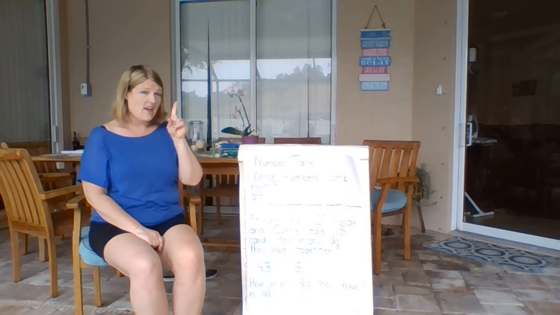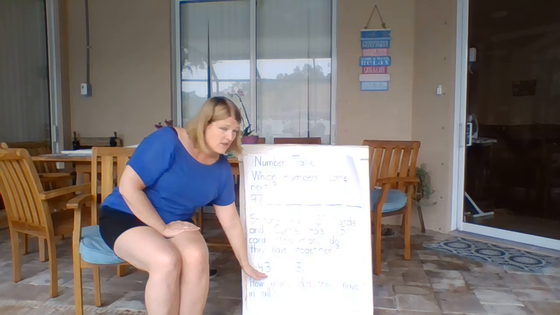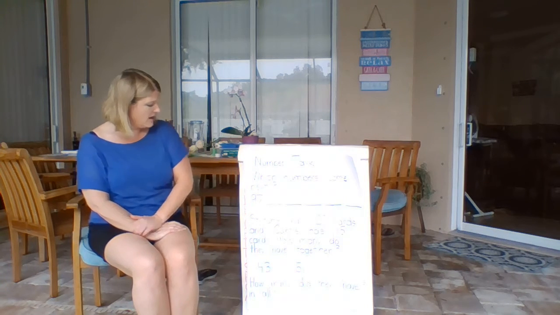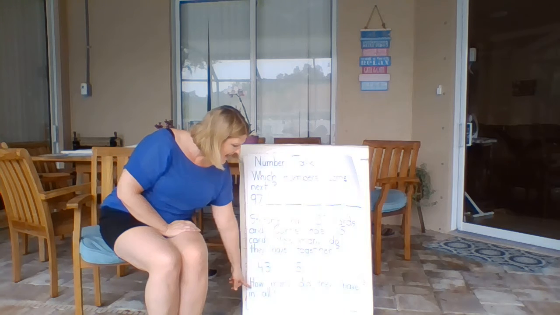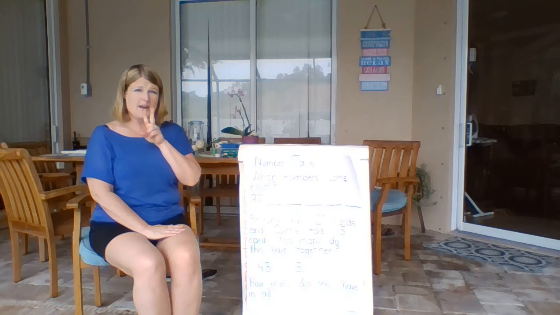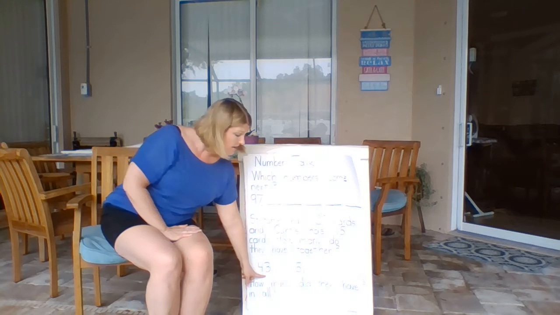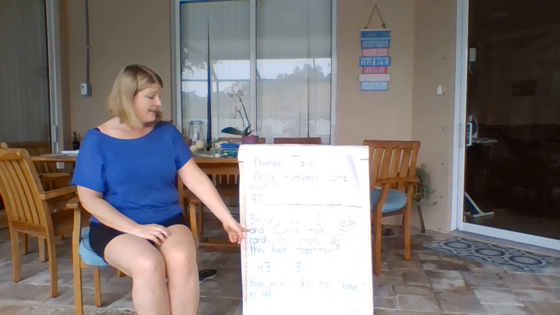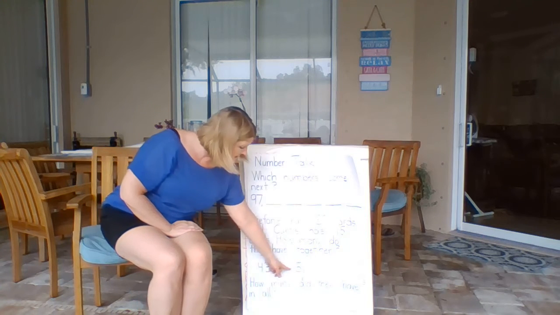Let's take a look. This friend said just the numbers 43 and the numbers 51. They had those two numbers and said, how many did they have in all? So what are the two important numbers? 43 and 51. And let's read it again. 43, 51.